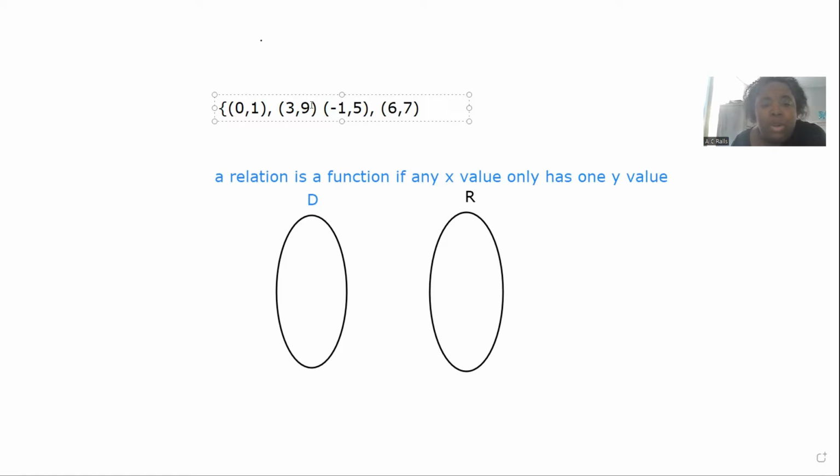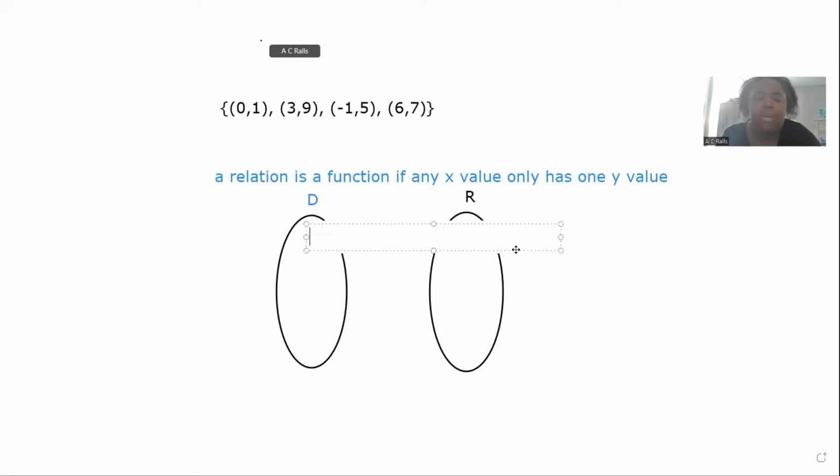Now what you want to do is go in order from least to greatest. So our smallest X value would be -1, then we will go with 0. And our next X value would be 3, and then we have 6.